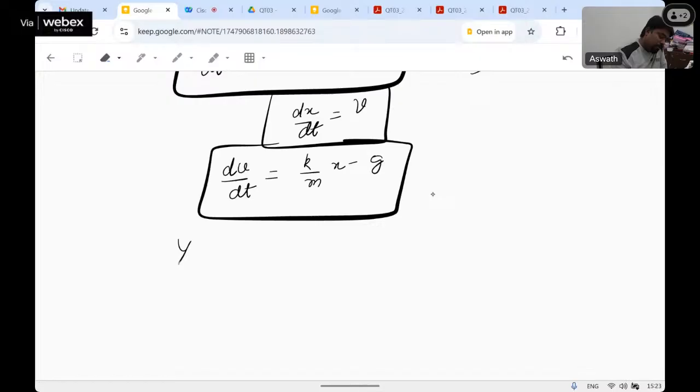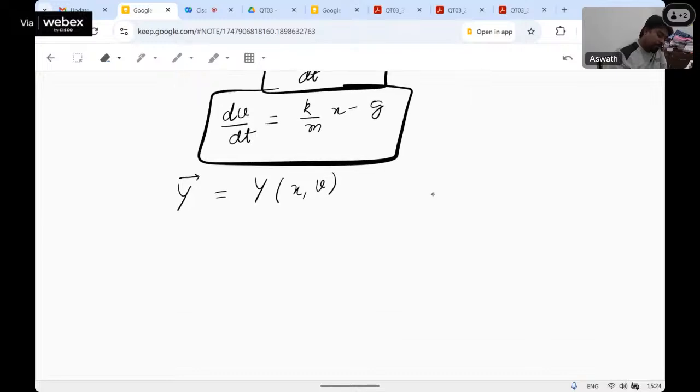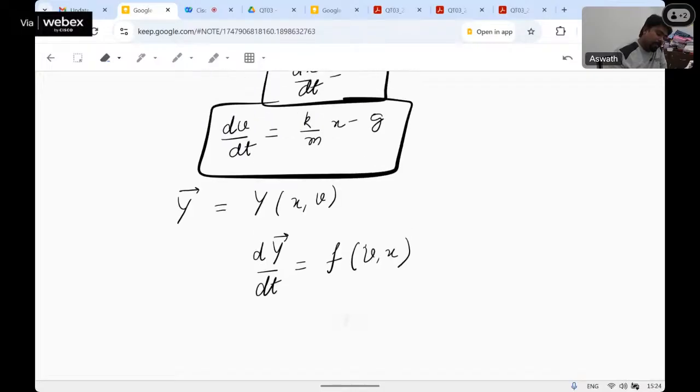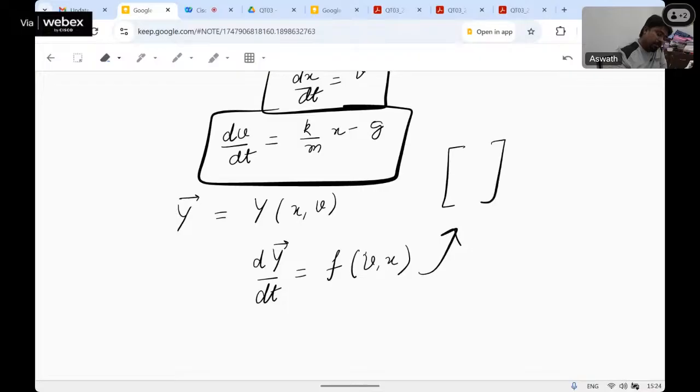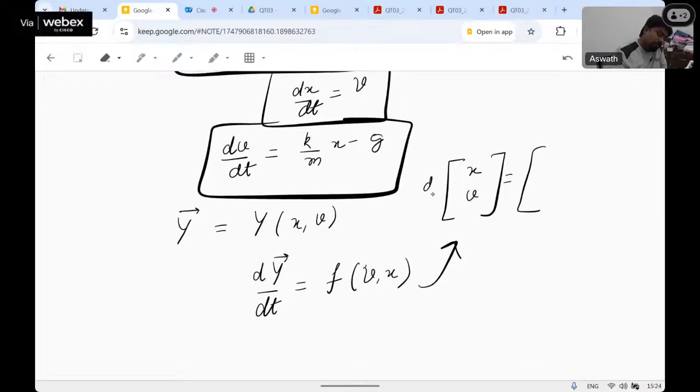Let me introduce a new variable y. Let's say there is a vector y having two functional values, x and v. The derivative of that vector, d by dt of x comma v, is v comma k by m into x minus g.